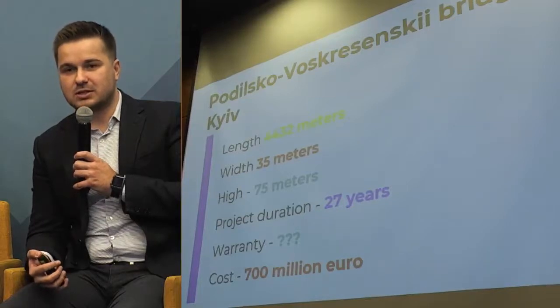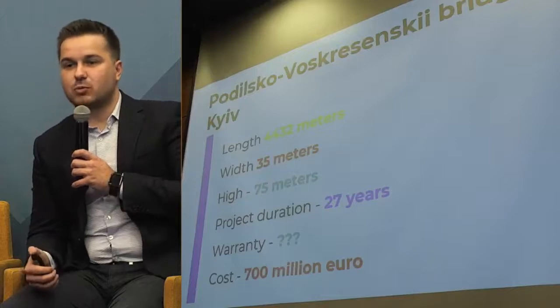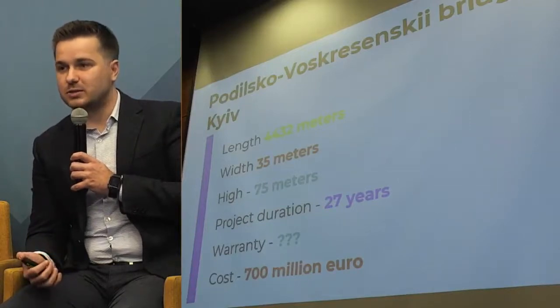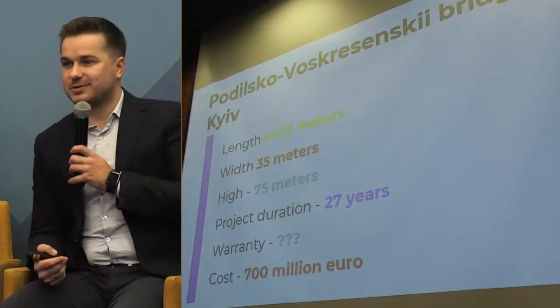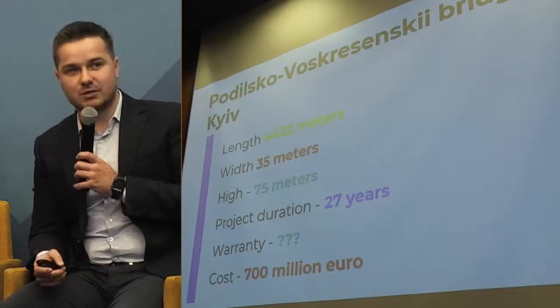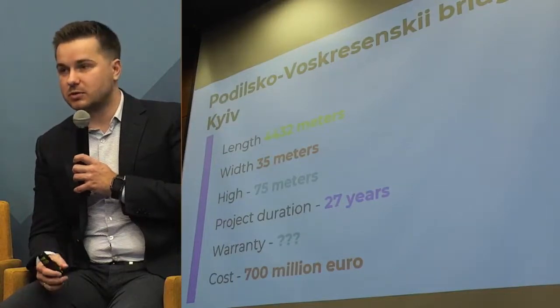They started construction in 1993, and they promised that they will finish it in 2020. So far, we don't have a warranty that it will actually be delivered. And so far, the cost of this bridge was 700 million euros.